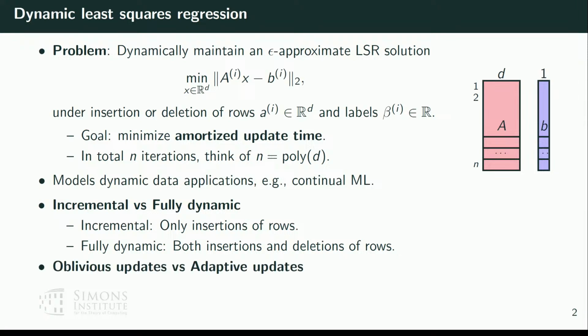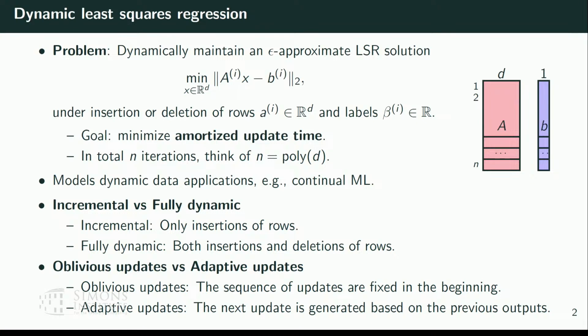Okay, and the second difference is between oblivious updates and adaptive updates. For oblivious updates, we can think of it as in the beginning, even though we don't know what the updates are, they are fixed and don't depend on what our algorithm does. For adaptive updates, we allow some adversary to choose the next update based on the solution generated by previous outputs.